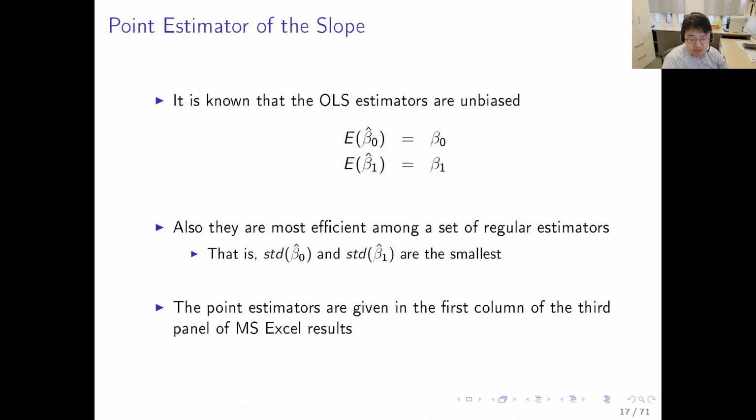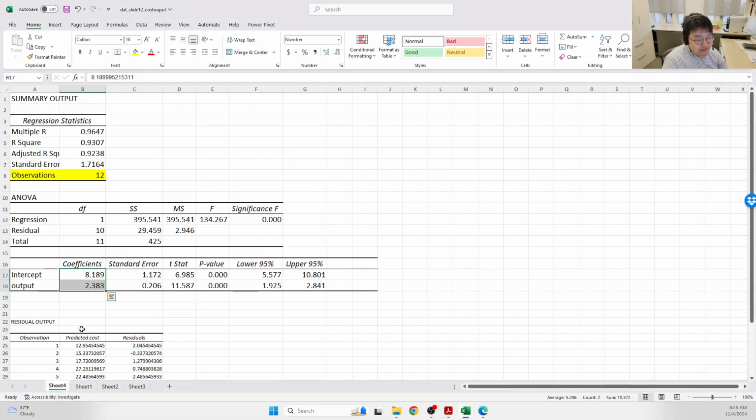So back here, these coefficients are point estimators. 8.189 is the point estimator for the fixed cost, and 2.383 is the point estimator for the marginal cost, right? This is beta 0's estimator. This is beta 1's estimator. So those two are point estimators, which we learned in chapter 9, I guess, or chapter 8.